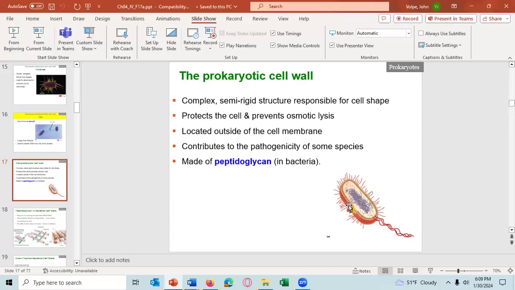And it really depends on what species you're talking about, but with the Mycobacterium, it would be the mycolic acid that makes the cell more pathogenic than if the cell did not have mycolic acid.